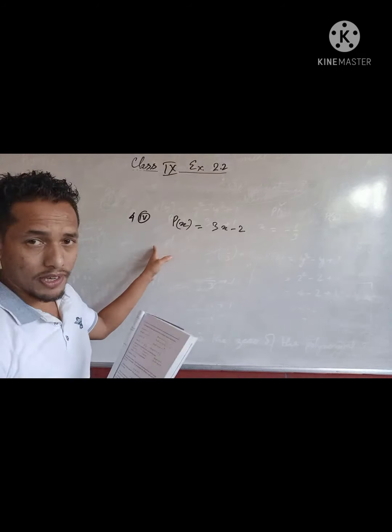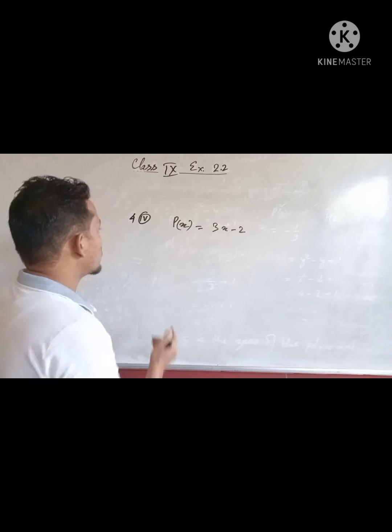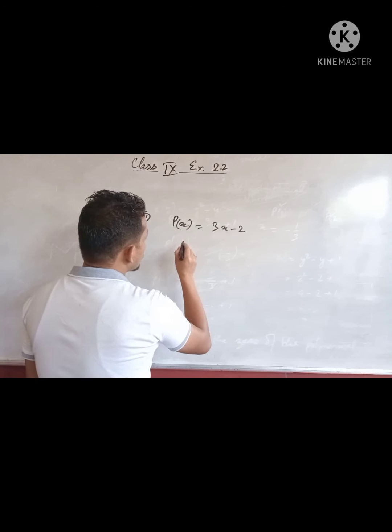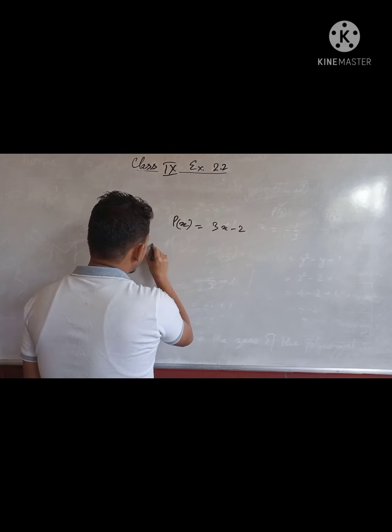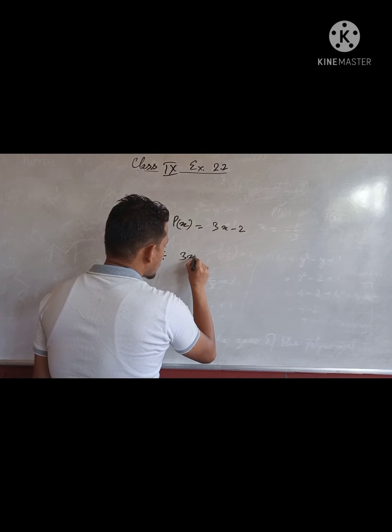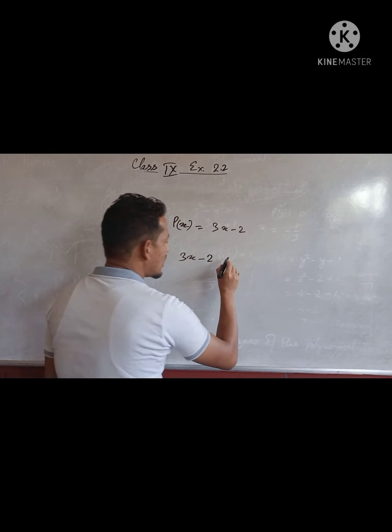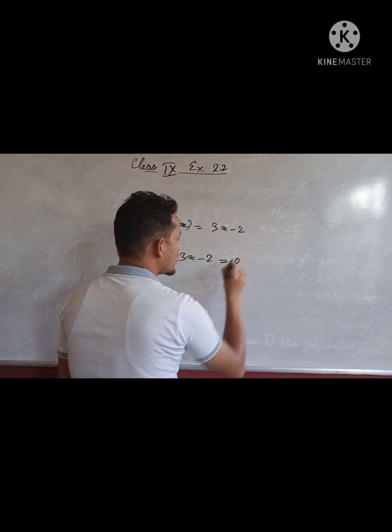Find the zero of the polynomial. That is the question, means you are going to find the value of it. So what we will do is, you will first take the polynomial, 3x minus 2. This is your given polynomial, then equals 0.